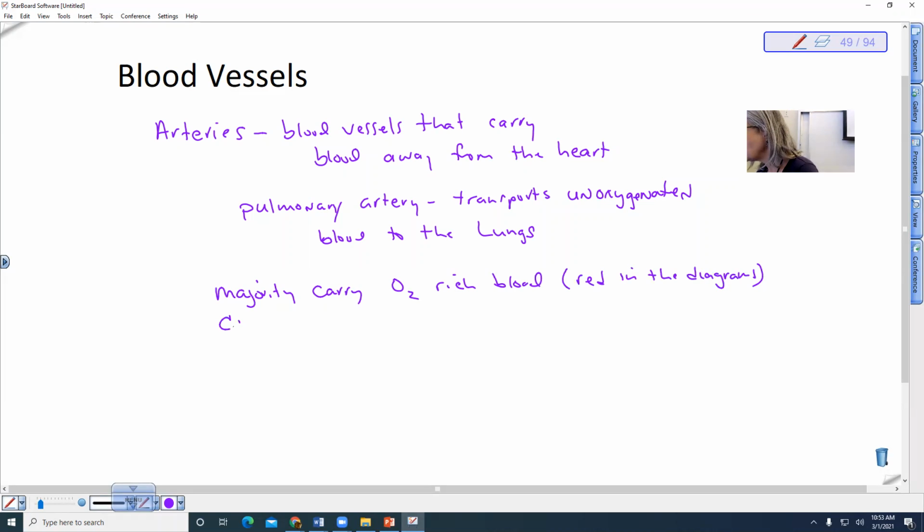And they're carrying blood under high pressure. They also have a pulse.